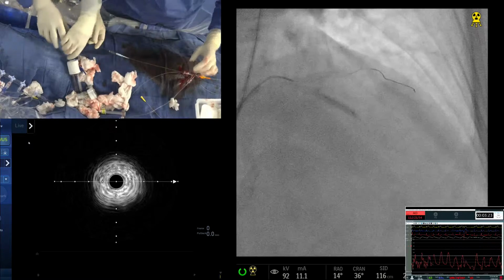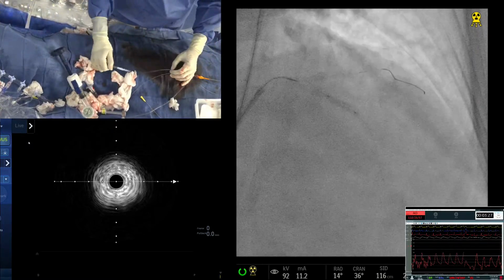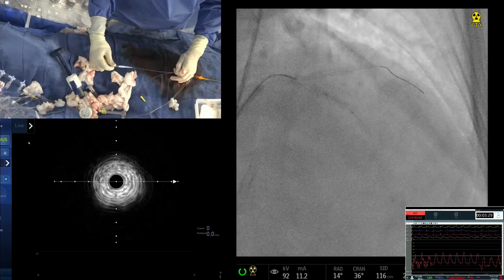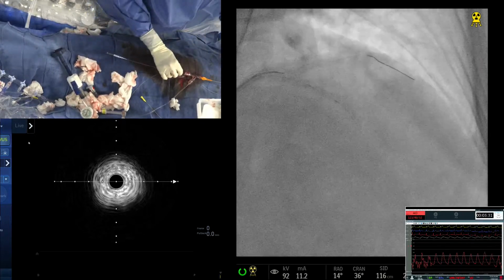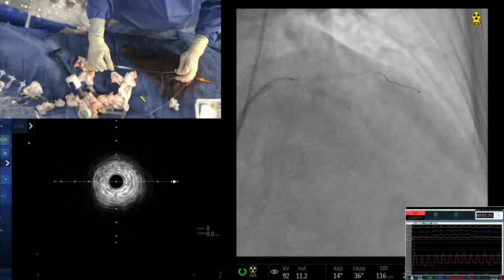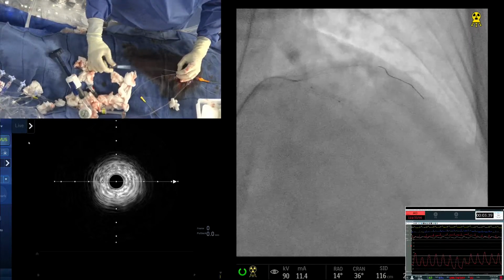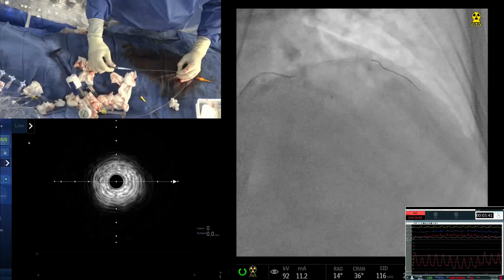Corkscrew. That's not the thing. I think the angle of that thing is a trouble. No, the Corsair will go. Yeah. Get an exchange length run through.